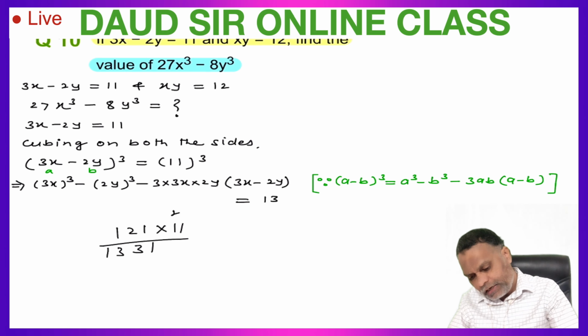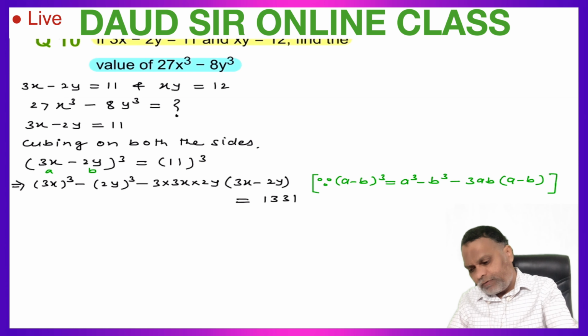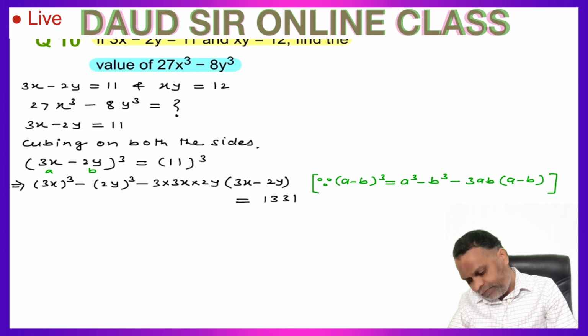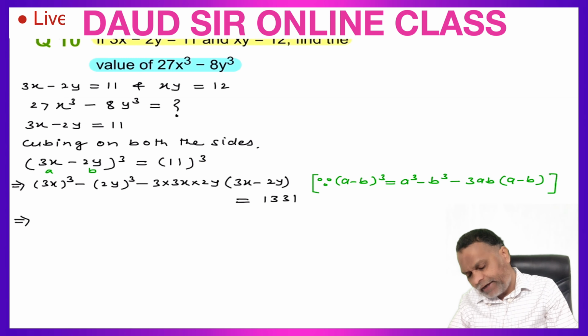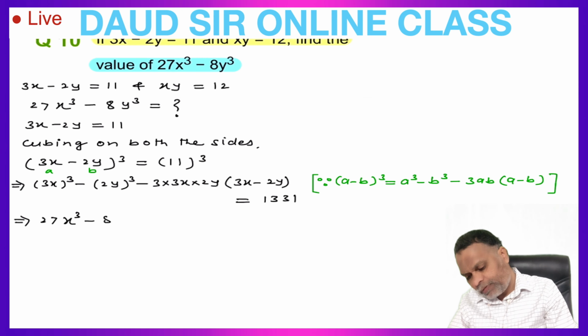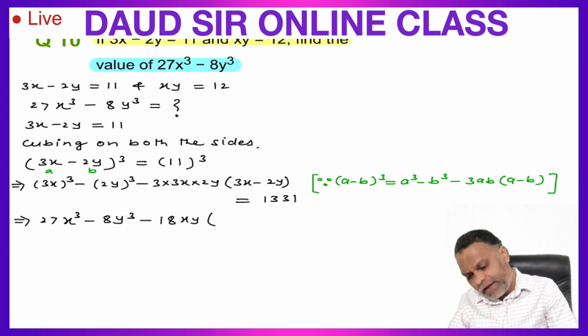So this is 1331, which implies 3x cube, 3 3s are 9, 3 9s are 27x cube, minus 2 2s are 4, 2 4s are 8y cube, minus 3 3s are 9, 2 9s are 18xy into 3x minus 2y is equal to 1331.